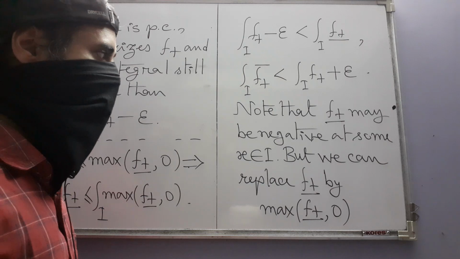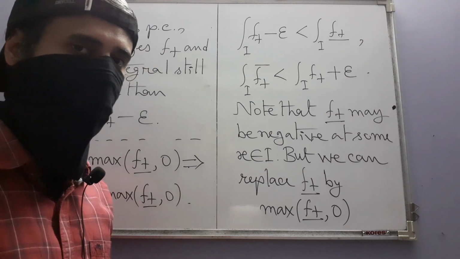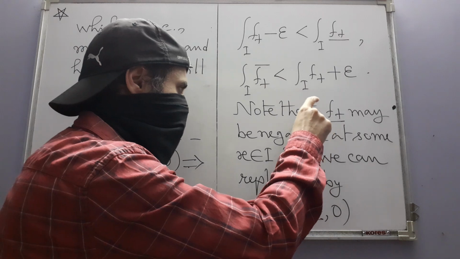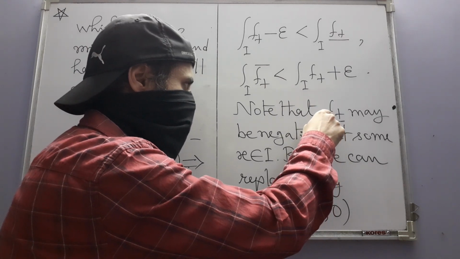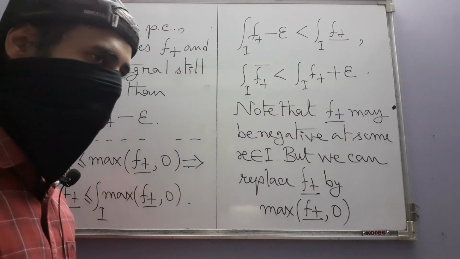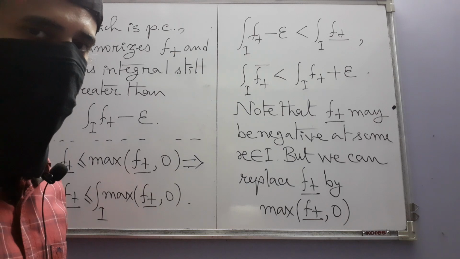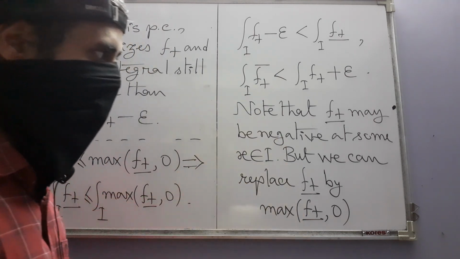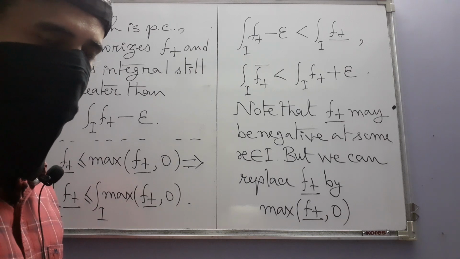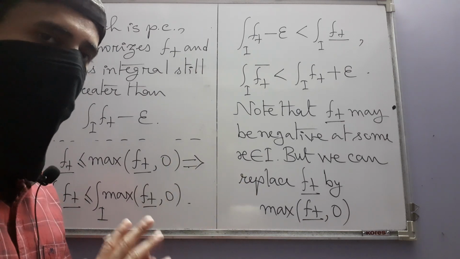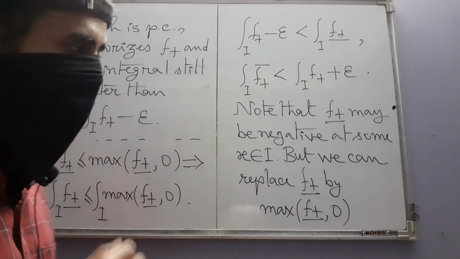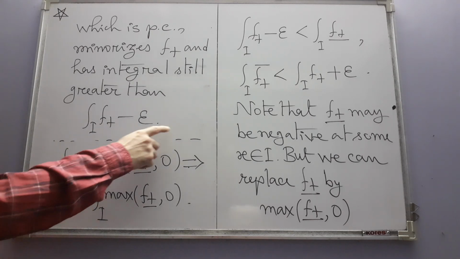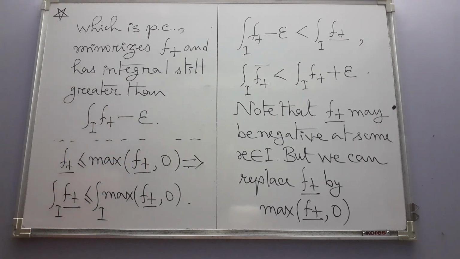Or in other words, because of this arrangement, without loss of generality, we can assume that f plus underscore itself is non-negative. So now we are justified in assuming such a thing without losing any generality. So let's continue from here.